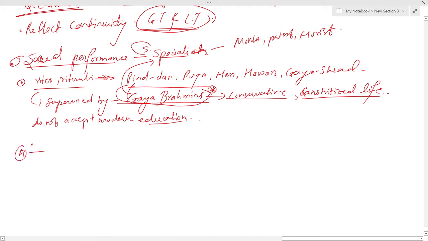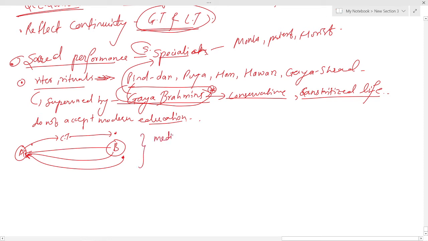So when A visits a place B and returns back to place A, he takes certain of his cultural traits to place B, and he borrows certain cultural traits from place B back to his place A. So this person becomes a medium of diffusion, where he carries certain parts of little tradition to the great tradition, and he gets back certain aspects of greater tradition to the little tradition. This is how a common cultural consciousness develops.